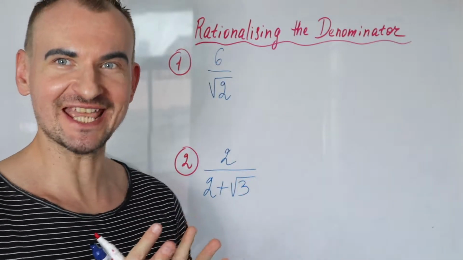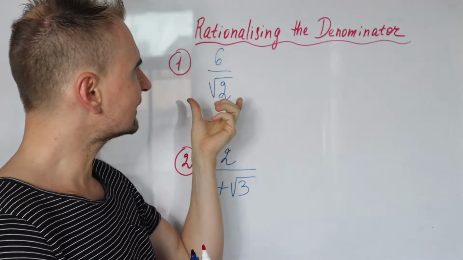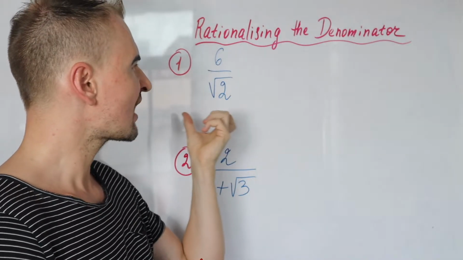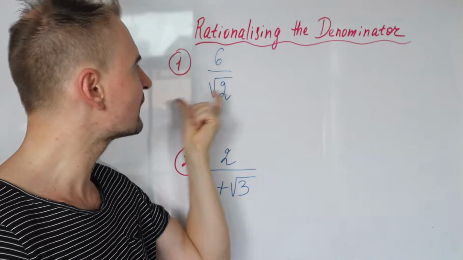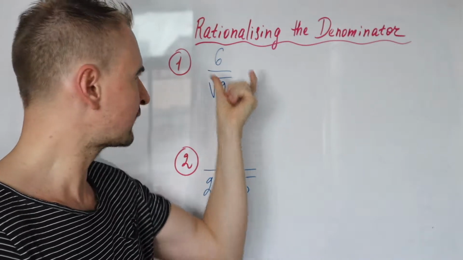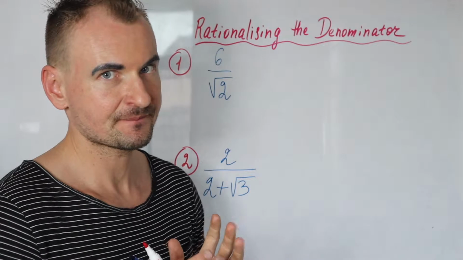Rationalizing the denominator. What is that? Basically, it means that you want to get rid of, you want to remove this root from the bottom of your rational expression.